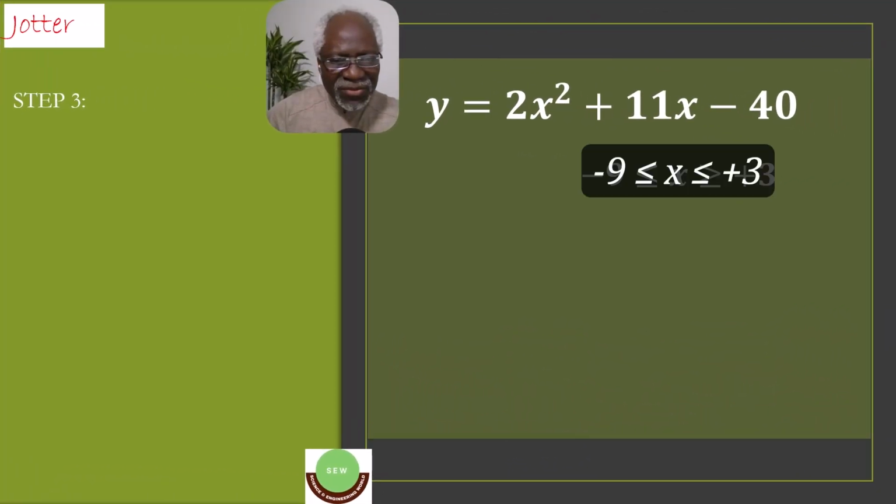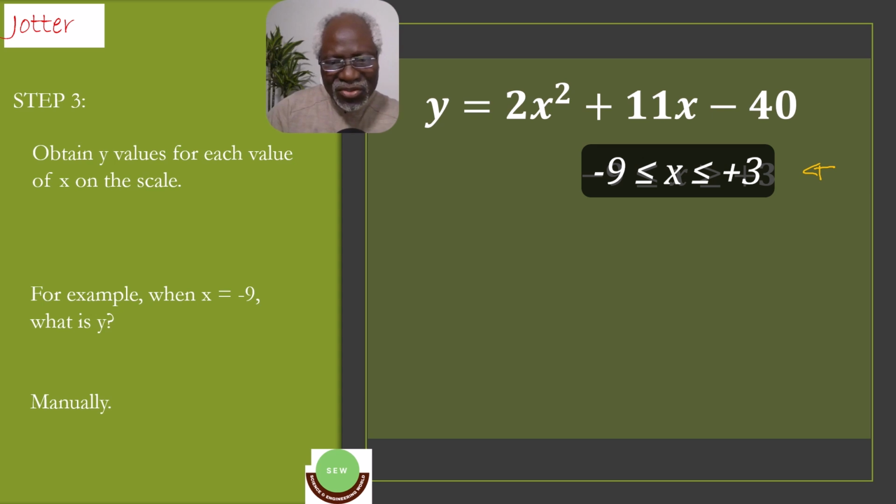In step 3, we want to find the values of y for all the values of x in this scale that we have taken. For example, when x is -9, we use -9 to replace our x here and also our x here.